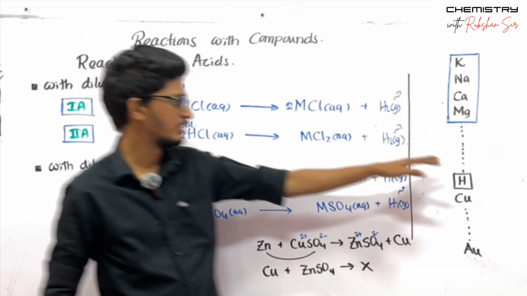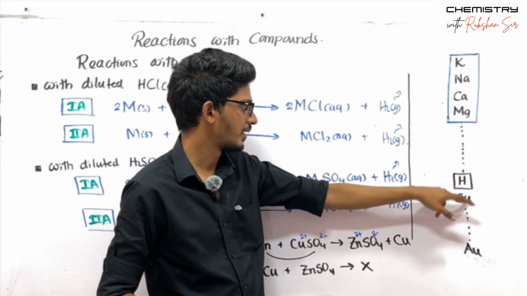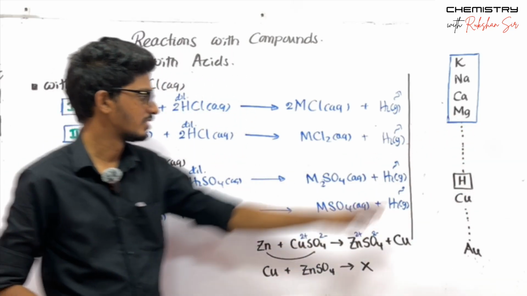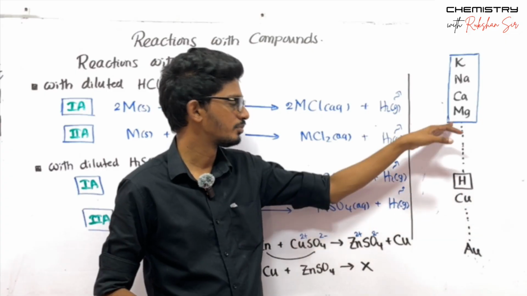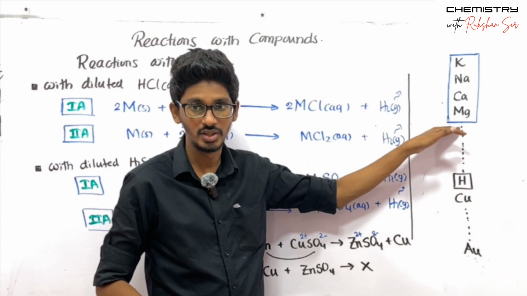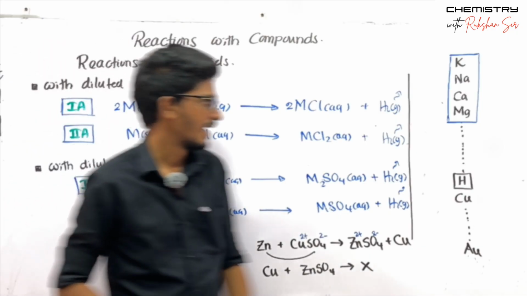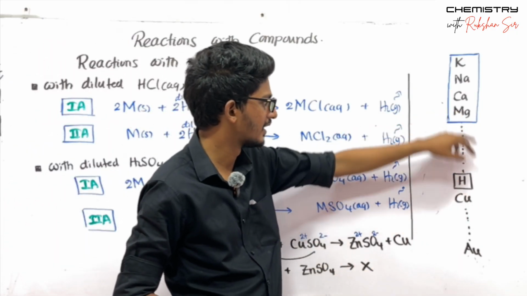So zinc is above hydrogen in the activity series, and zinc is above copper in the activity series. So in a reaction involving copper and zinc, zinc should be the one to get oxidized, and copper is the one to get reduced, right?